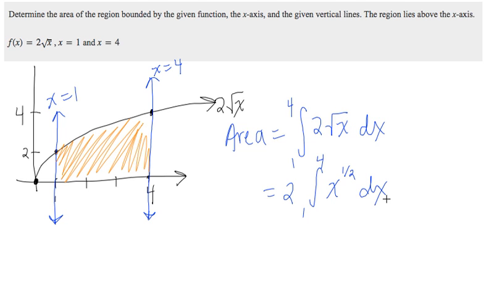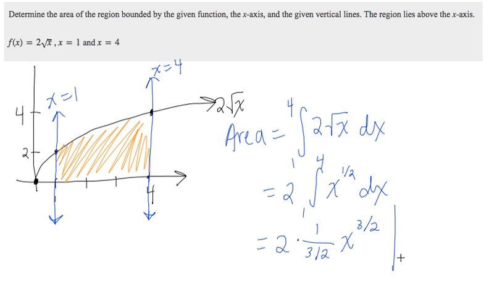I haven't really done anything yet, but now I can anti-differentiate. 2 hangs out front. The integral of x to the half: you add 1 to the exponent, and you do 1 over that number. A half plus 1 is 3/2, times x to the 3/2.